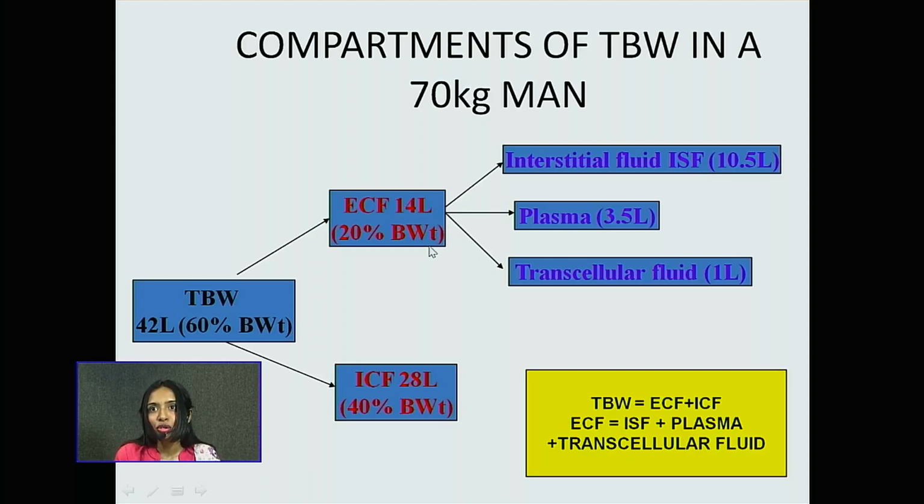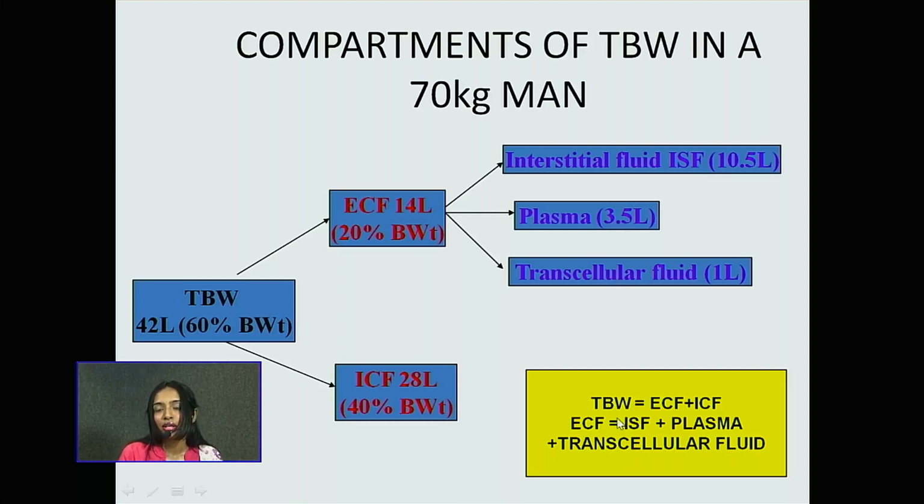Now the extracellular fluid comprises three components, that is interstitial fluid, plasma, and the transcellular fluid. The 14 liters is divided into these three spaces: interstitial fluid has 10.5 liters, plasma has 3.5 liters, and the transcellular fluid has 1 liter.